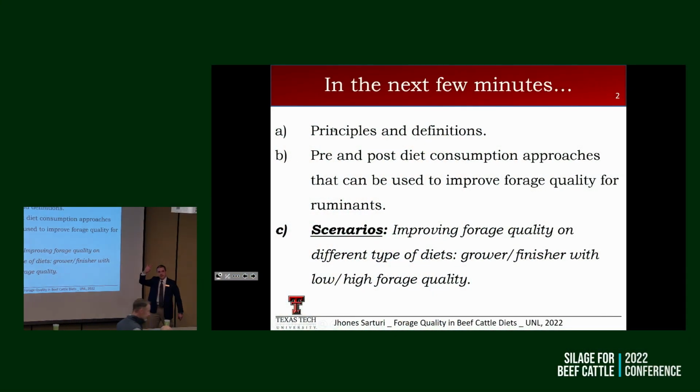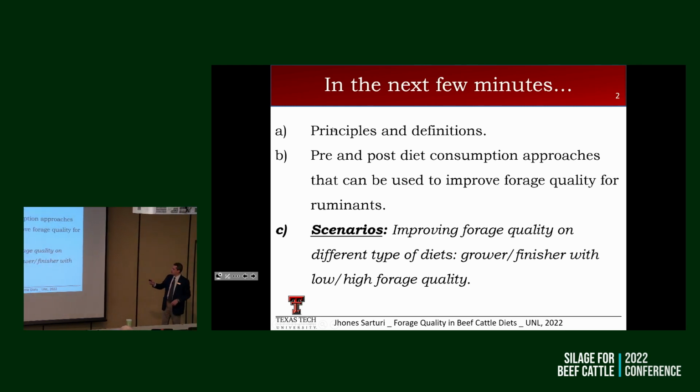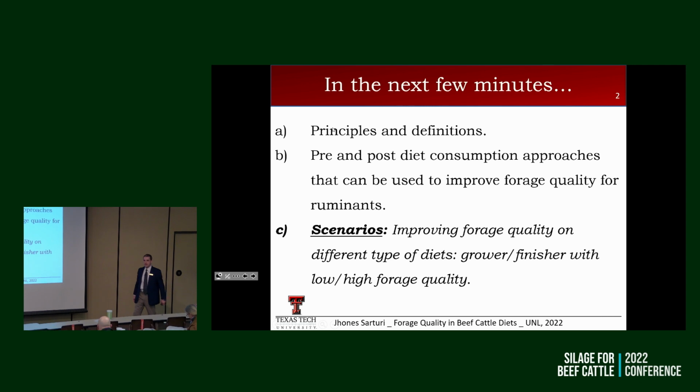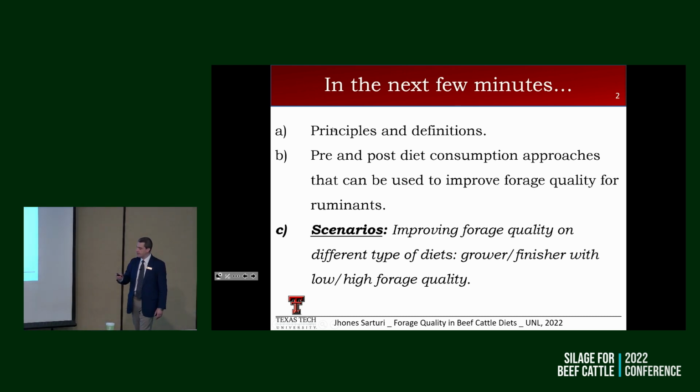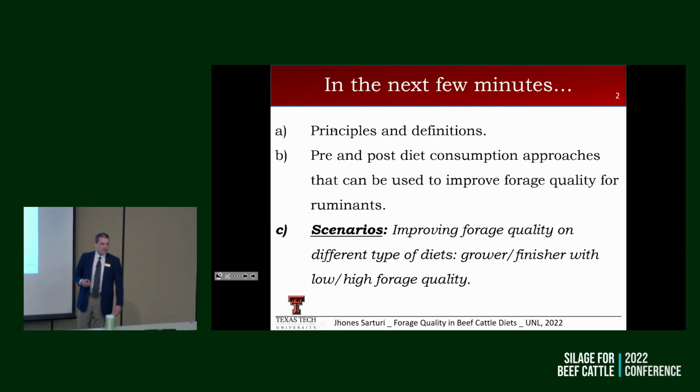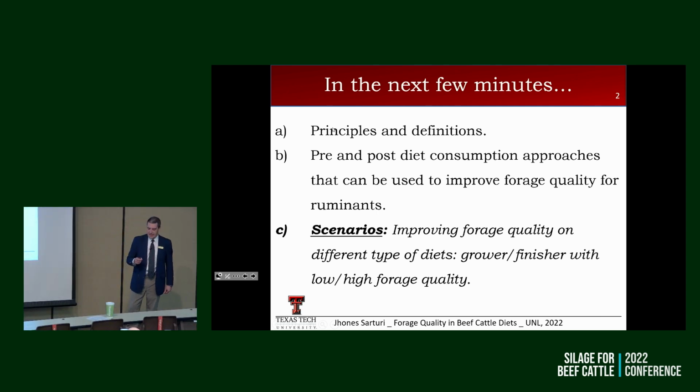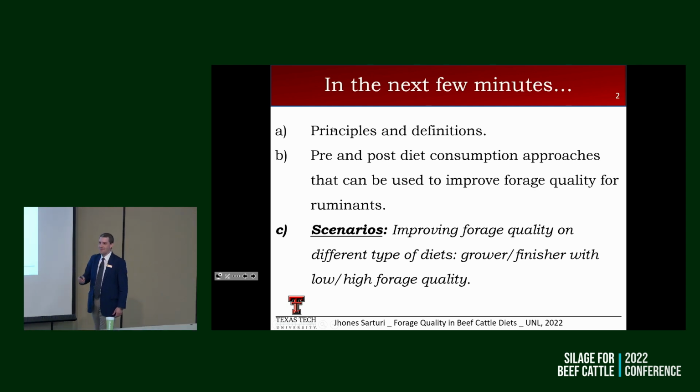I have three main objectives for this presentation. Starting here with some principles and some definitions, because I want it to be very clear what I am understanding as forage quality and how we can improve that. And I'll give you some ideas, and this is not the main topic of the presentation, on how we could improve this forage quality based on my definition, because I'm speaking, so I guess I have the luxury to follow my definition and see what you think about that.